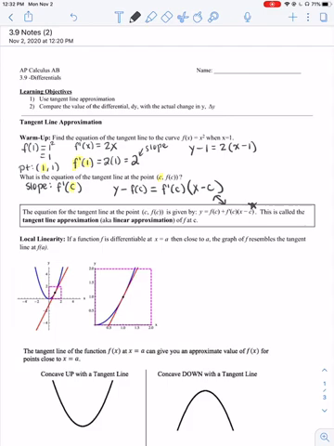So this image is trying to show you that. So here we have zoomed into the box, the pink box, and we can see we have the tangent line to this point, which is the point 1, 1. So this is actually the problem that we were dealing with in the warm-up.